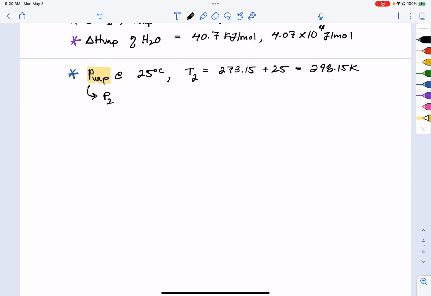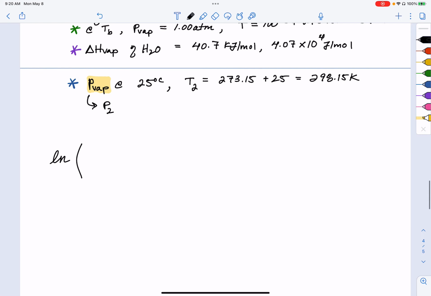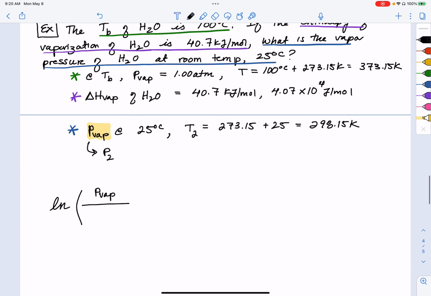So if I'm going to use my Clausius-Clapeyron equation, that is the natural log of P2. So this is what I don't know. This is the vapor pressure of water at 25 degrees C over P1. That is going to be the vapor pressure of water at some initial temperature. So here we have room temp. Here we have our boiling point.